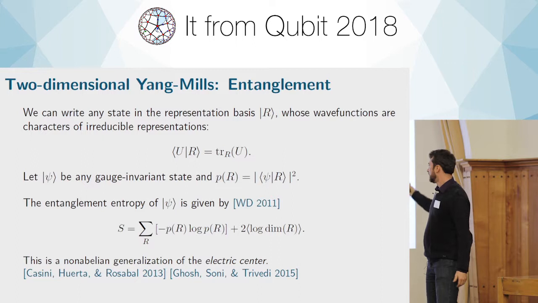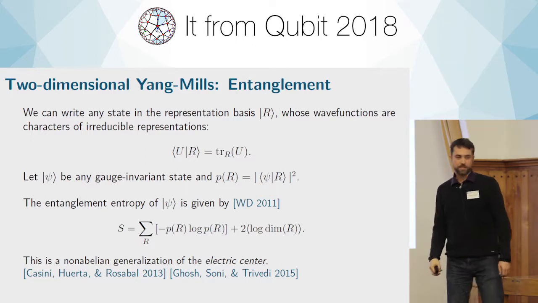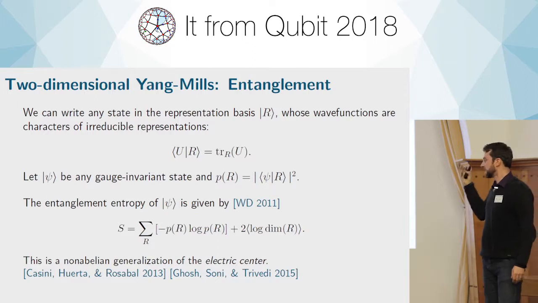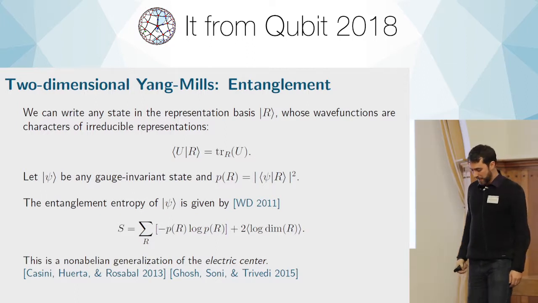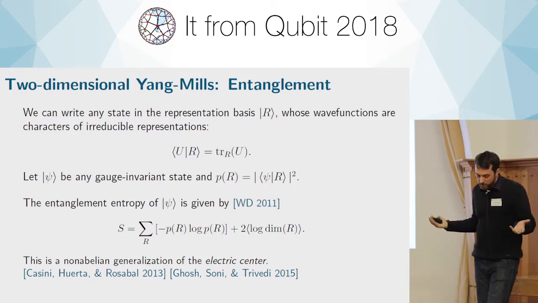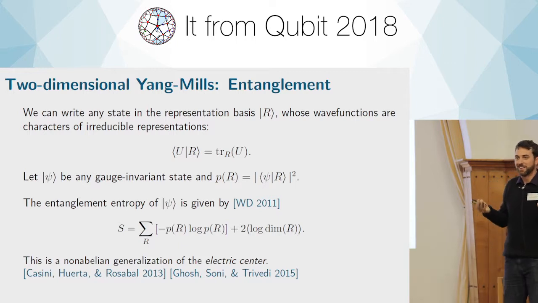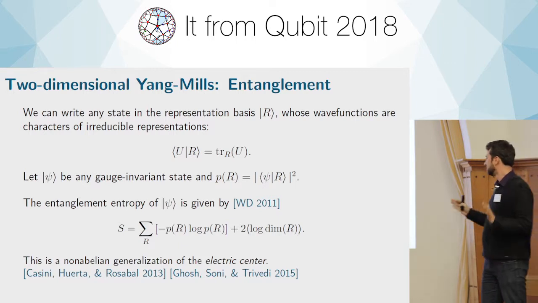So this is a non-abelian generalization of what Casini, Huerta, and Rosabal called the electric center choice. In two-dimensional Yang-Mills, it's really the only choice, at least in this model. There's no magnetic field.